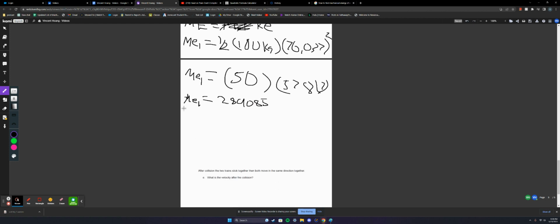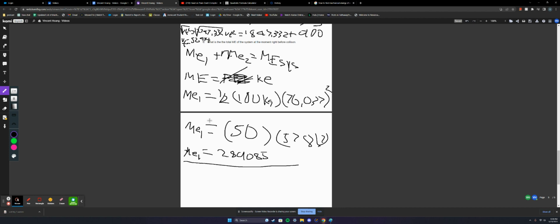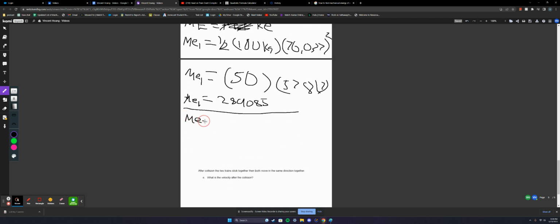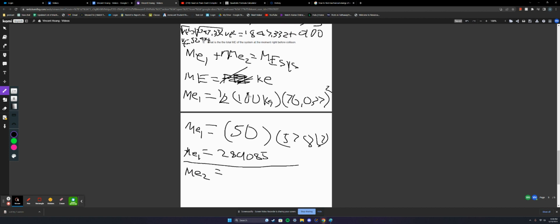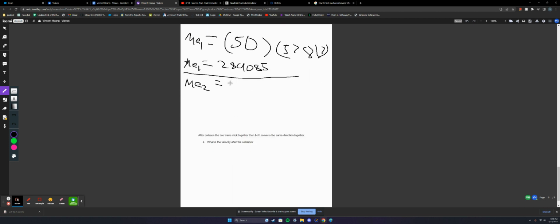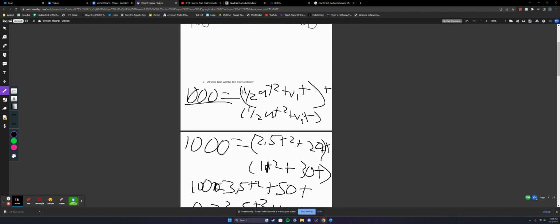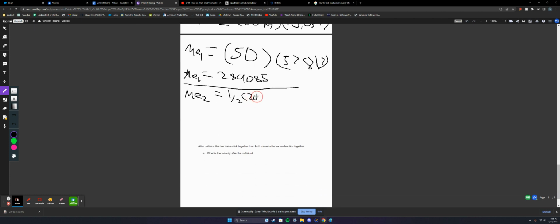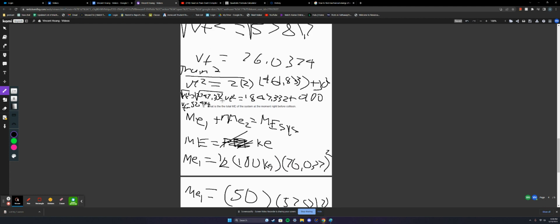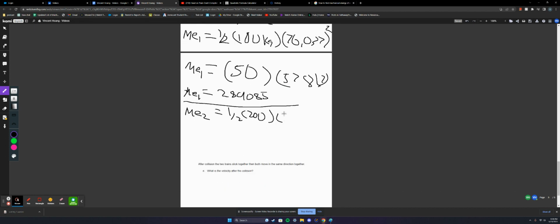All right, and then now we just need to do it for train 2. So for ME2 is equal to what we derived from earlier, 1/2 mv squared. So 1/2 mass of train 2 is 200 kilograms. Velocity of train 2, final velocity of train 2, excuse me, it is 52.414 squared.